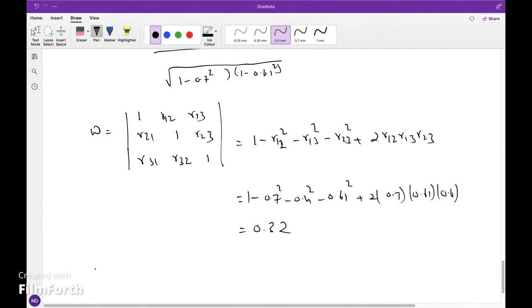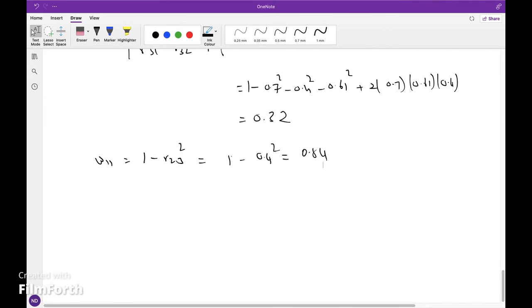Next, find omega 11. Omega 11 is the cofactor of omega, otherwise 1 minus r23 squared, that is 1 minus 0.4 squared, which is 0.84.